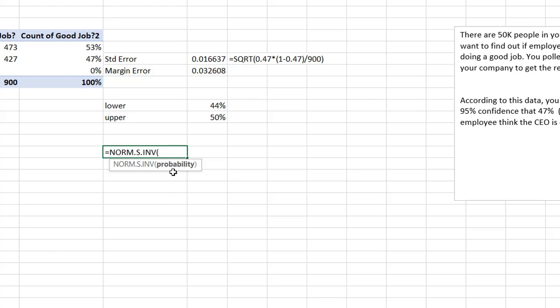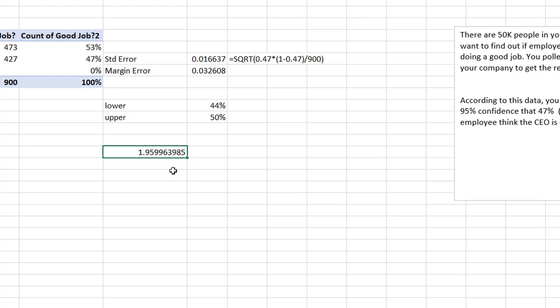Instead of putting 0.05, we need to use the inverse of the alpha, which is 1 minus 0.025, that is 0.975. Close parentheses, press enter, and there we have our 1.96, even though it's out there to many decimal places.